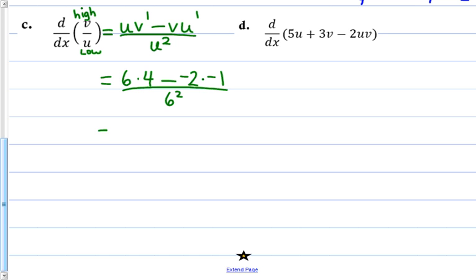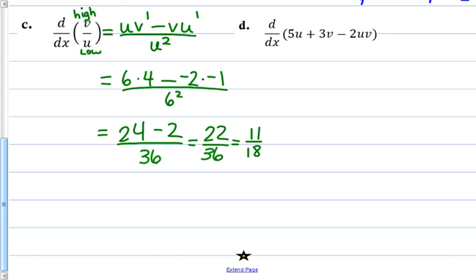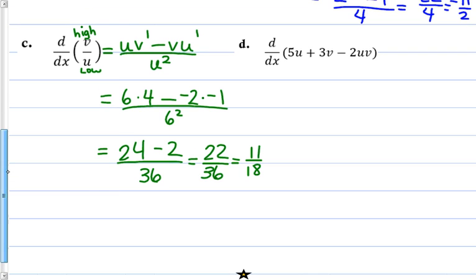So 6 times 4 is 24, minus -2 times -1, that's +2. And 6 squared is 36. So I get 22 over 36. Not necessary to simplify, but 11 over 18. Okay, D. Same idea.